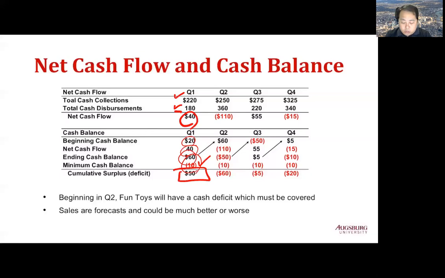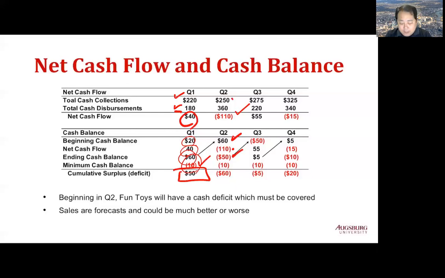In quarter 2, collection is 250 and disbursement is 360. So net cash flow is negative 110 million. With that, the beginning cash balance is 60 and ending is 60 minus 110, negative 50 million.